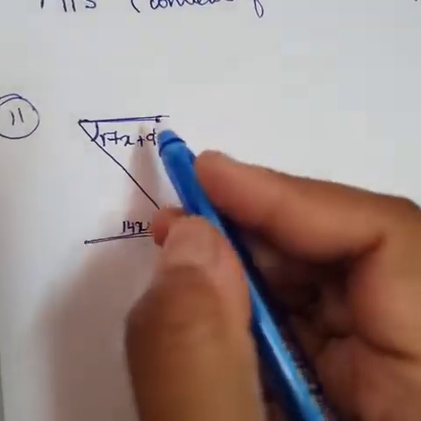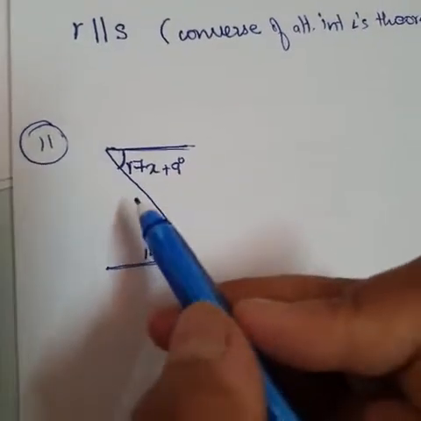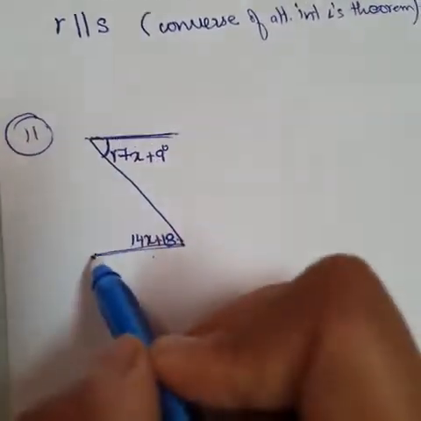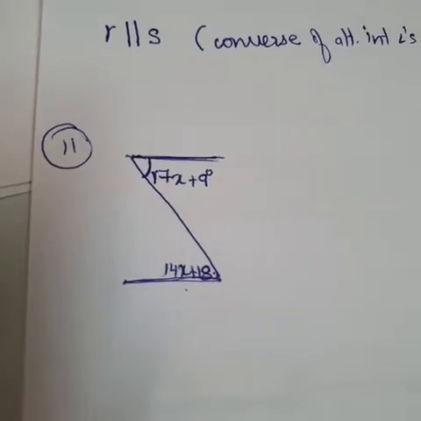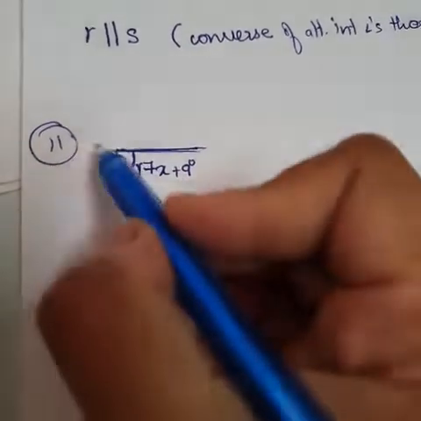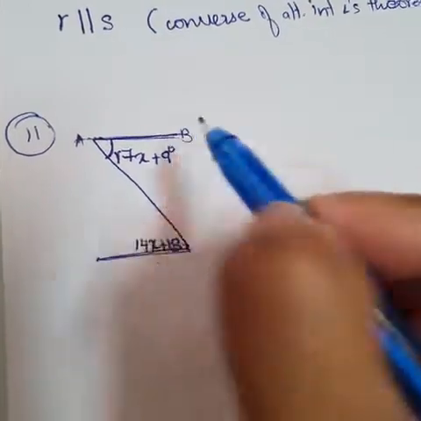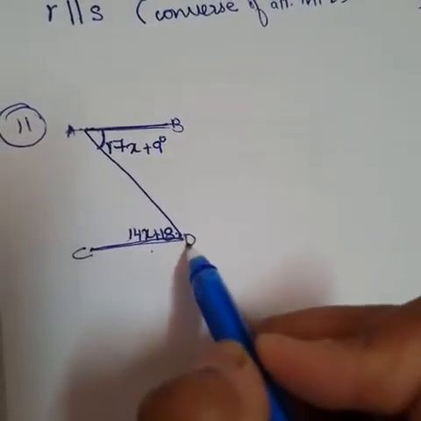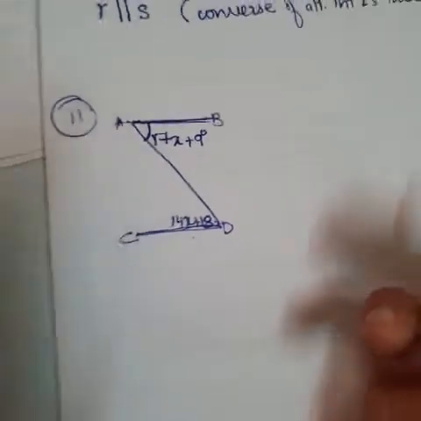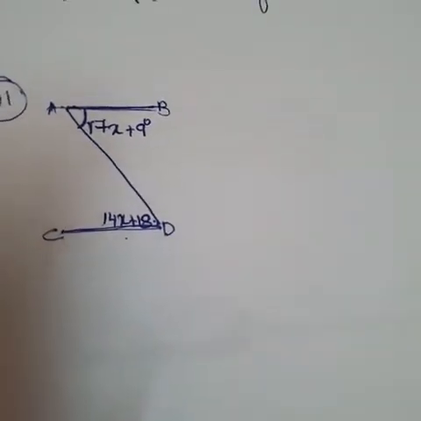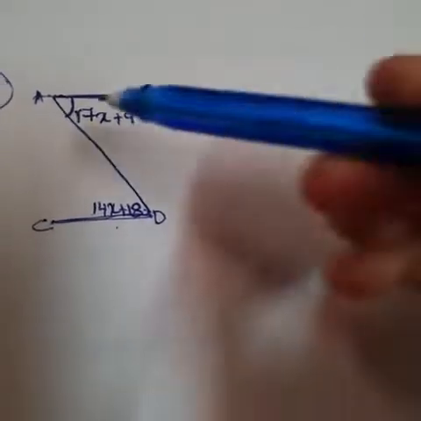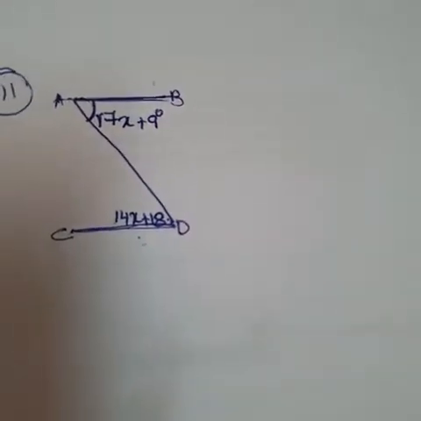So I'll give you a minute. Try to prove that this and this are parallel. You can name the lines if you want to, like A, B, C, D, anything. You can name it and prove it also. So take a minute, solve it, and say how the landings are parallel.